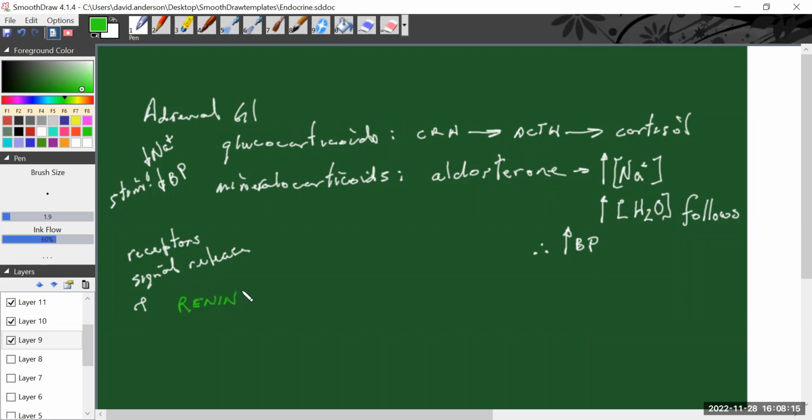Now technically, this renin that I've written down in the green color is a hormone because it's being produced by these cells in the kidney and it's going to act somewhere else. We'll see just in a second where. So receptors, I'll just put in the kidney, signal the release of this protein called renin.